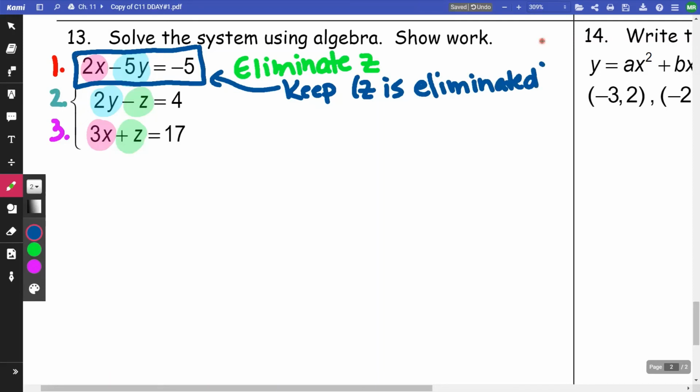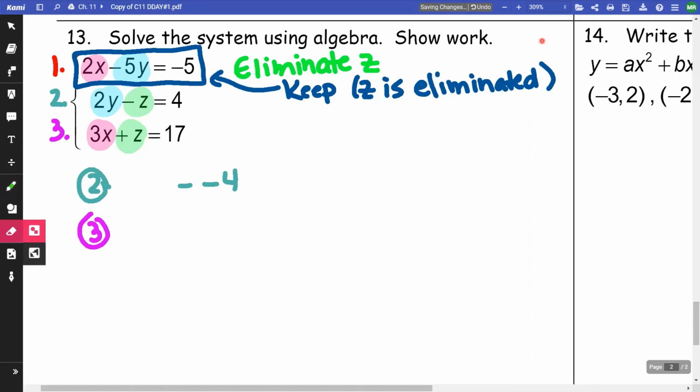Okay, so I'm going to take equation 2, which is 2y minus z is equal to 4. And equation 3, and hold on, let me space it out a little better. I don't have any x's in my equation 2, so I'm going to give myself some space.